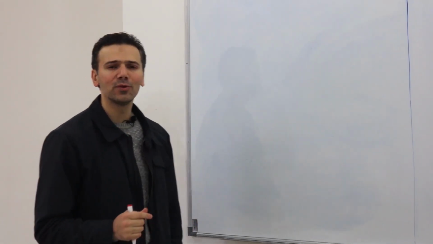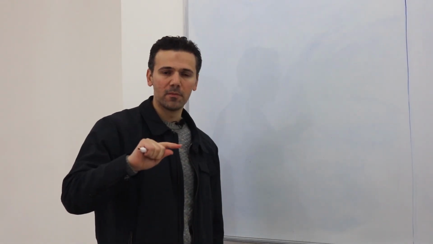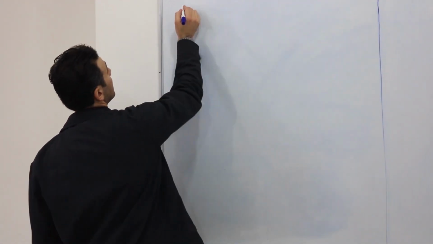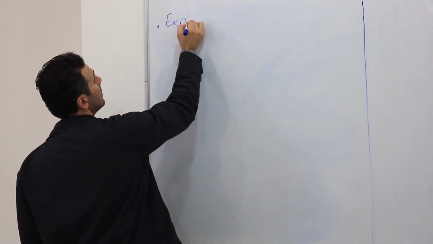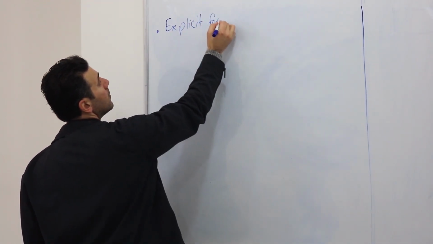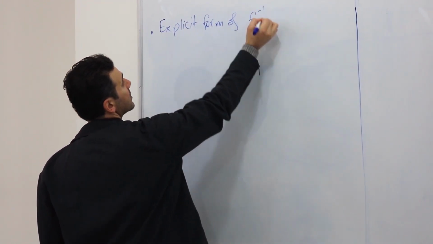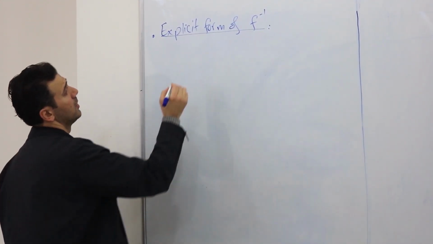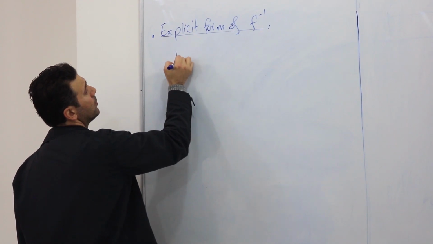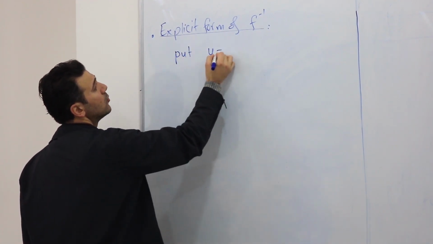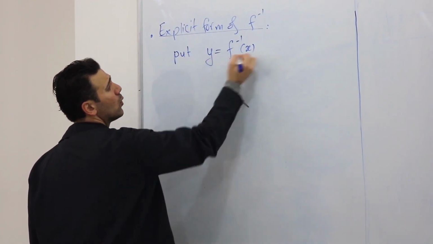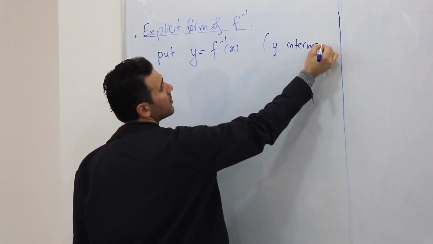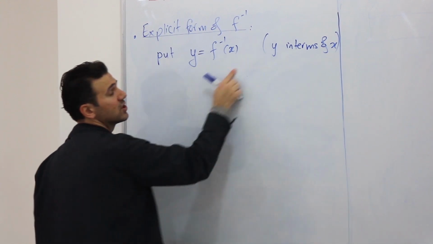Now, how could we get the explicit form of f inverse? Well, as you know, we put y to be f inverse of x, and we need y in terms of x to get the expression of f inverse.